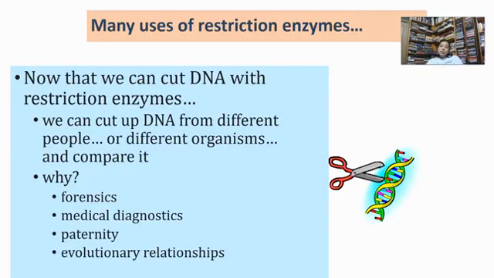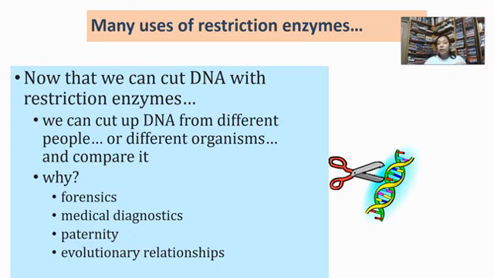So there are many uses for restriction enzymes. Once we can cut the DNA, we can cut it up in the same organism, in the same cell. You can cut it up from different people and combine together. You can cut up different organisms' DNA and then combine them together too, or compare it. And you could use these different combinations for cloning purposes.